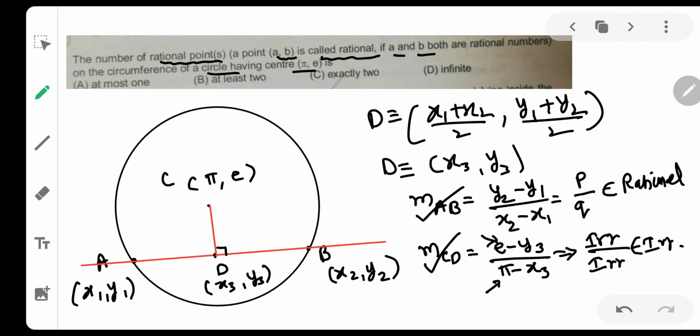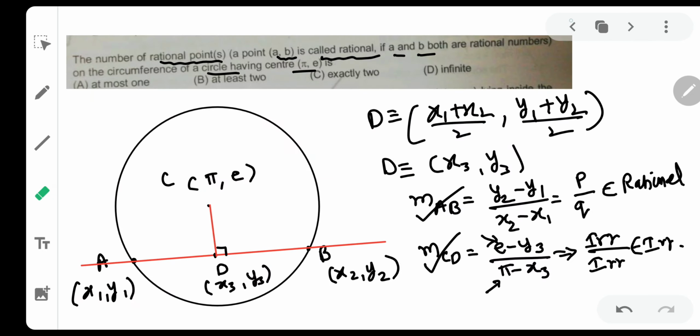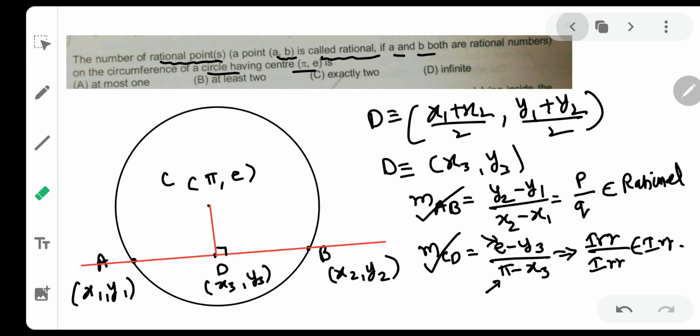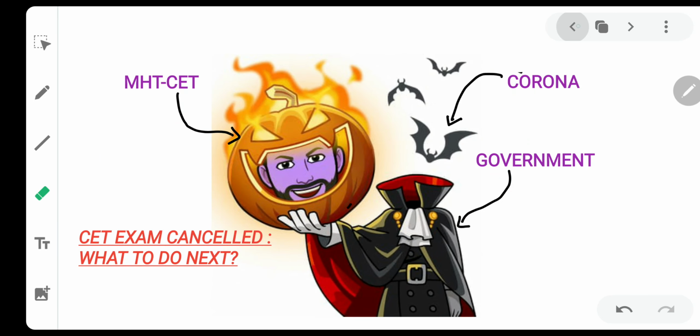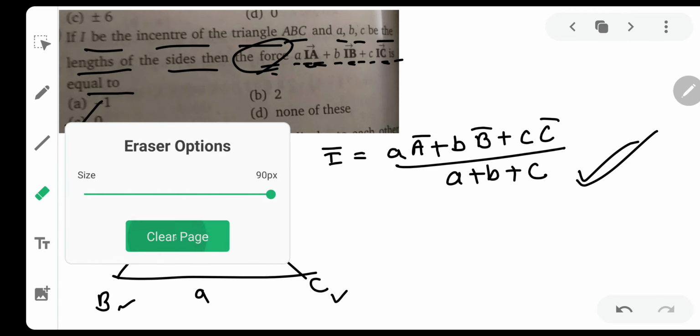Now you will say, why is sir calculating the slopes of AB and CD? There is a relation that the slope of AB into the slope of CD should be equal to minus 1 if we take their product, if they are perpendicular to each other. So if I take the product of these two slopes, mAB into mCD should equal minus 1.